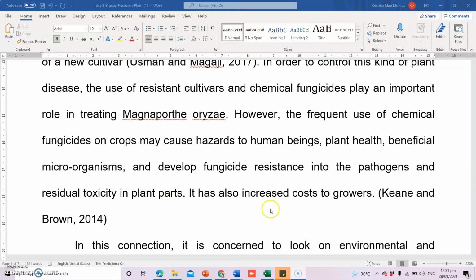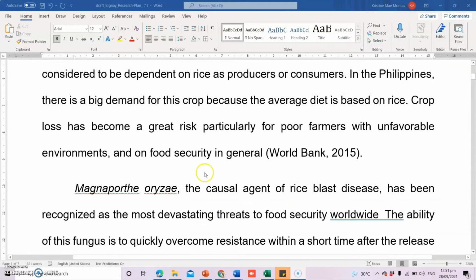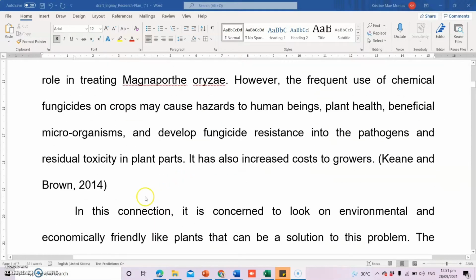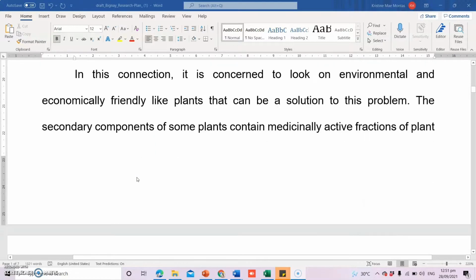It has also increased costs to growers. Kian and Brown 2014. So as you can notice, every paragraph or every piece of information has its resources, and you should not ignore that. Do not neglect the author where you get the information about your variables.